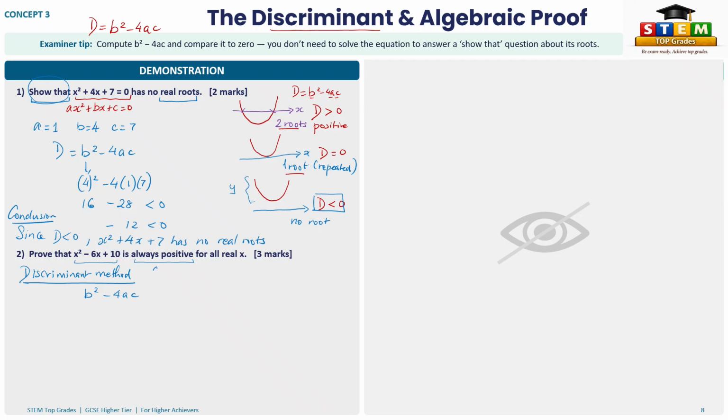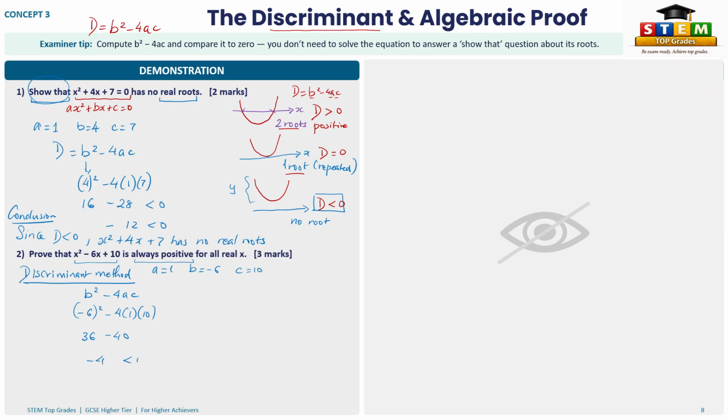Now a is equal to 1, b is equal to negative 6, and c is equal to 10. So let's do b squared: negative 6 squared minus 4 times 1 times 10, and that is going to give me 36 minus 40, and that gives you negative 4.